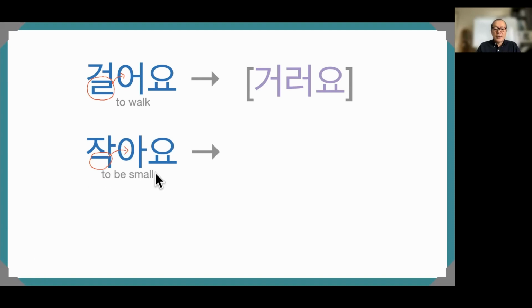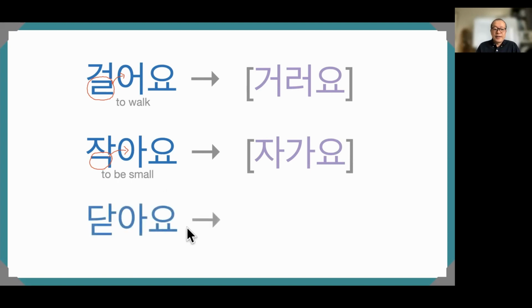So 작아요, which means to be small. 작아요, 작아요. And next one, I think you can read now. Can you read? This 받침 moves to the next syllable. So 닫아요, 닫아요. Okay.